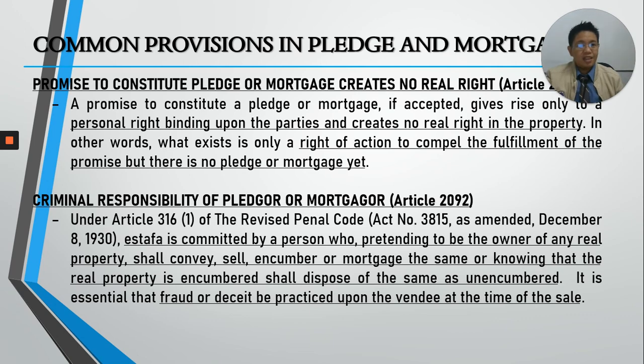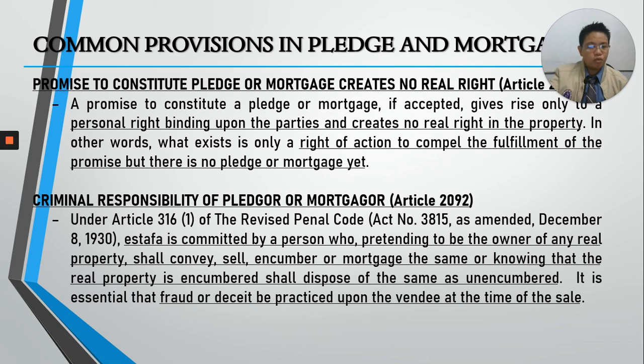So, he is not the owner, but what did he do? He sold it, encumbered it, or mortgaged it. Encumber and mortgage are the same here. Or, knowing that the real property is encumbered, shall dispose of the same as unencumbered. So, he mortgaged it, and when he mortgaged it, he said it has no encumbrance, but in truth, it does.